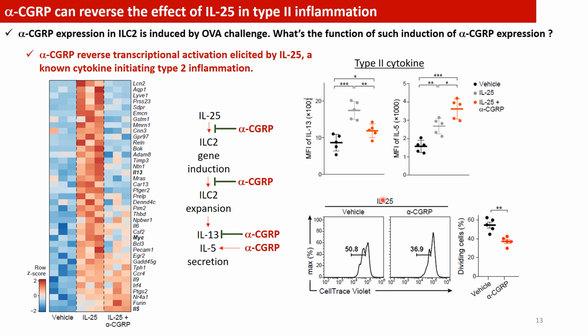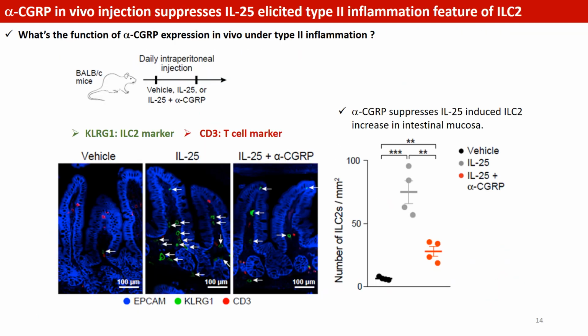On ILC2 expansion, as we can see here, IL-25 alone is capable of increasing ILC2 expansion. However, such expansion is reversed when co-treated with alpha-CGRP, reducing the dividing cells.